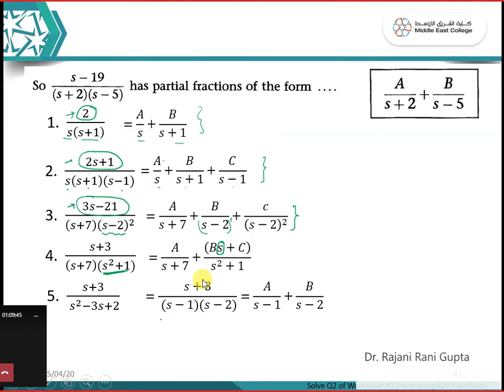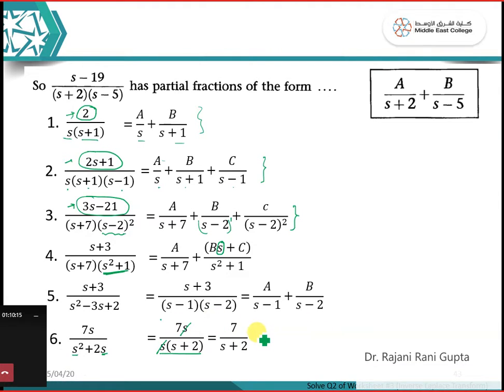So we factorize it as s minus 1, s minus 2, and then a over s minus 1, b over s minus 2. And the sixth one like this, s square plus 2s. So you can see s in both the terms. Again factorize it. You can write it as s into s plus 2, and then you can cancel this s with s. So you don't have to do a plus b.